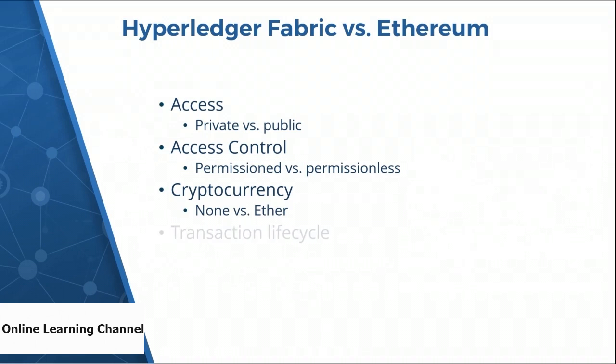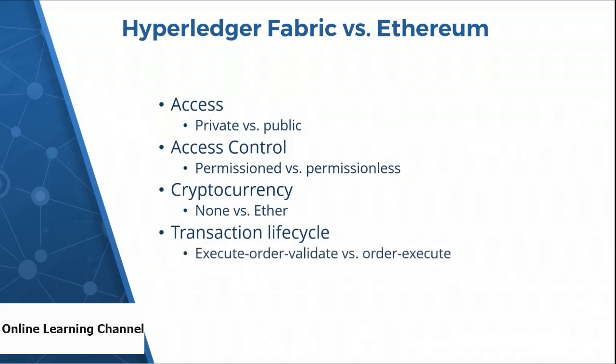When it comes to the life cycle of transactions on these networks, Hyperledger Fabric will first execute, then order, and then validate the transactions. While on Ethereum, the ordering of the transactions takes place first, and then the execution is performed in that order.